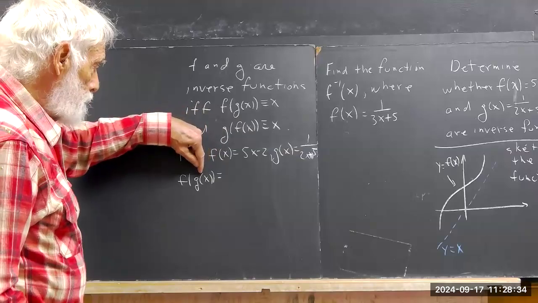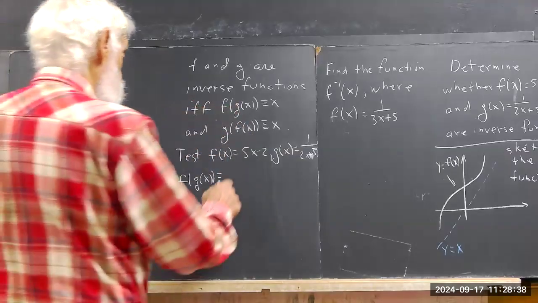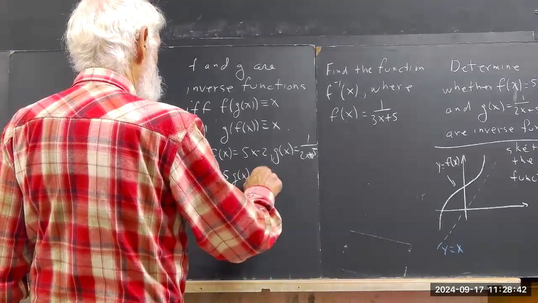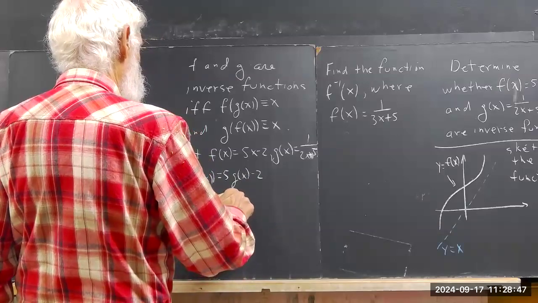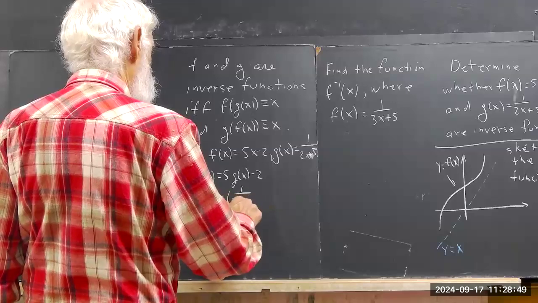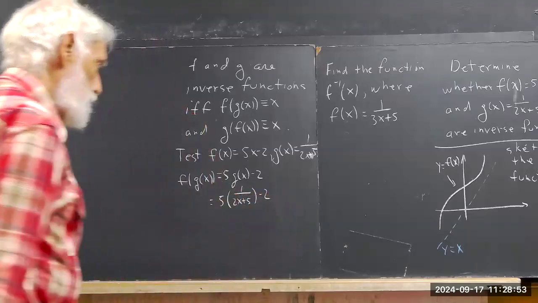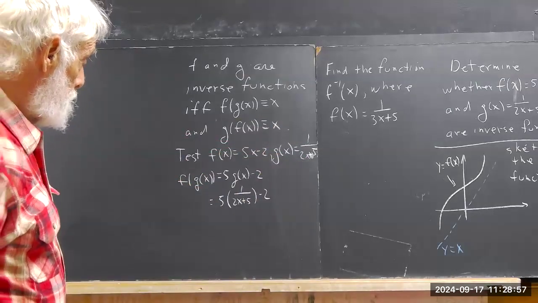You replace X by G of X, you get F of G of X. So replacing X throughout by G of X, we get 5 G of X minus 2. Of course, that's then 5 times 1 over 2X plus 5 minus 2, given G of X is 1 over 2X plus 5.